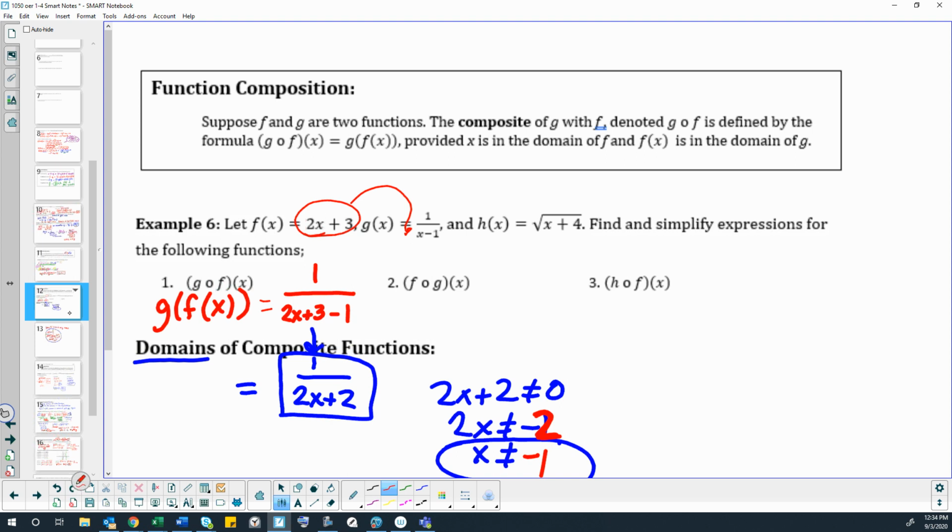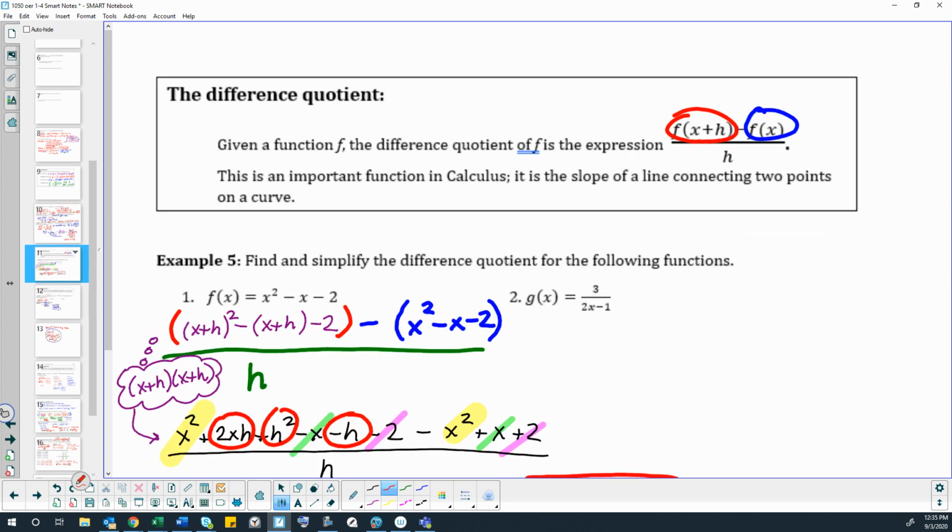So this is something you'll see in calculus, and so we're learning to work with it now. We don't know what it means yet because we're not learning about how we use it in calculus. It has to do with finding the rate of change on a graph at some point. But we are going to learn how to find the difference quotient.